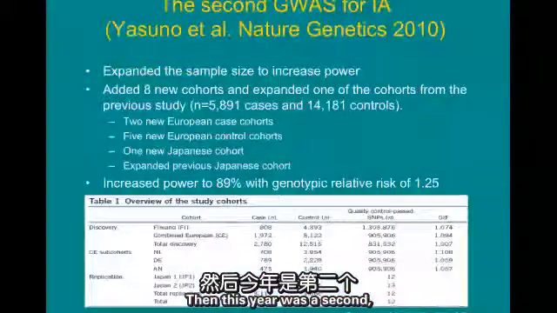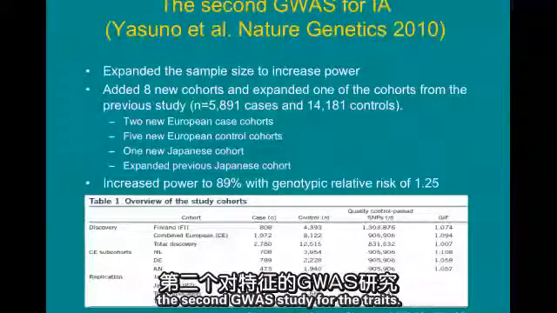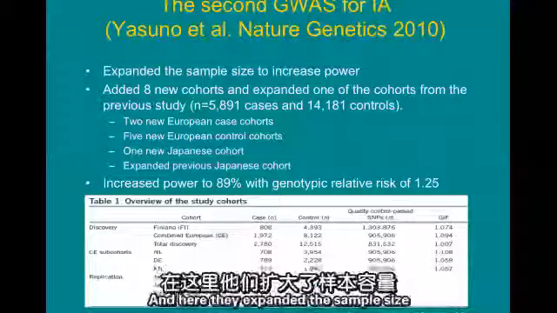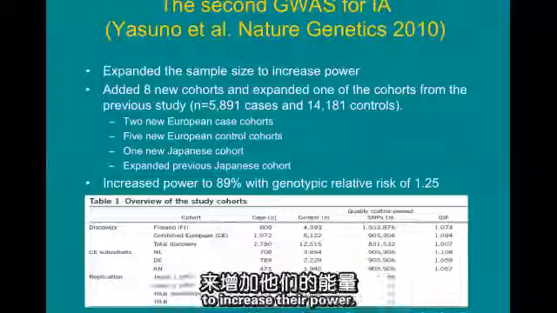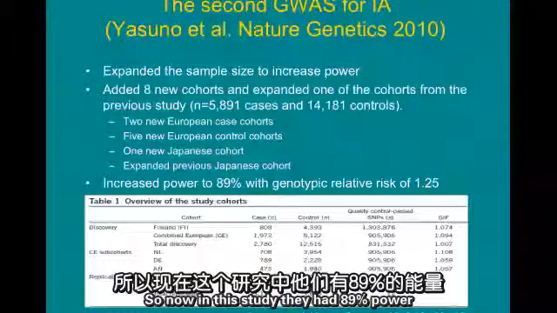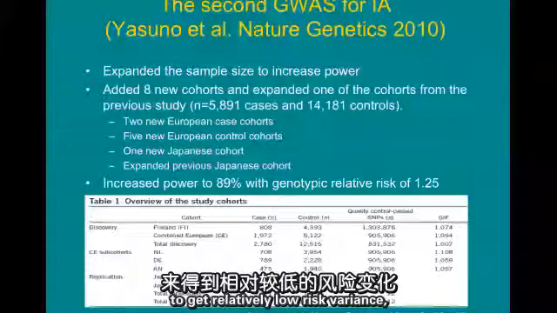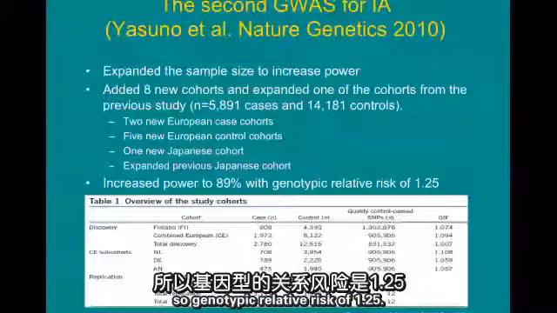This year there was the second GWAS study for the trait, and here they expanded the sample size to increase their power. Now in this study they had 89% power to detect relatively low risk variants, with a genotypic relative risk of 1.25.